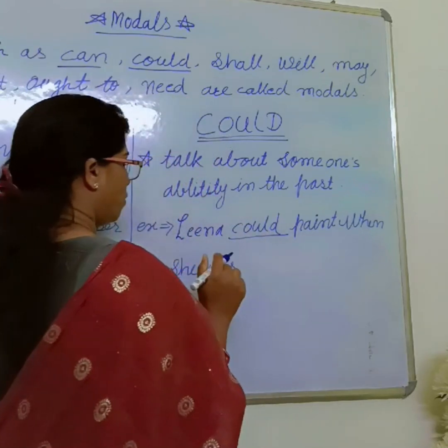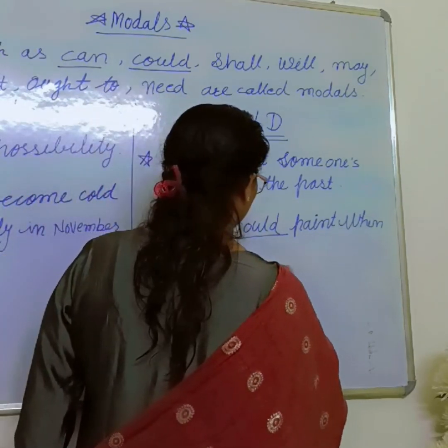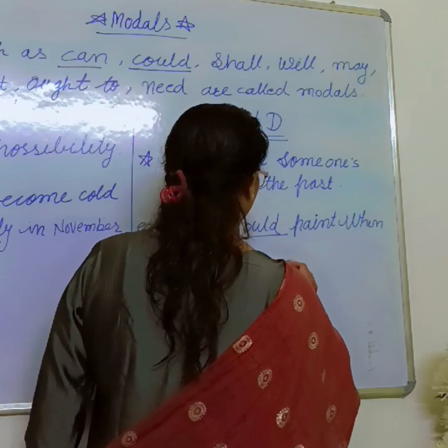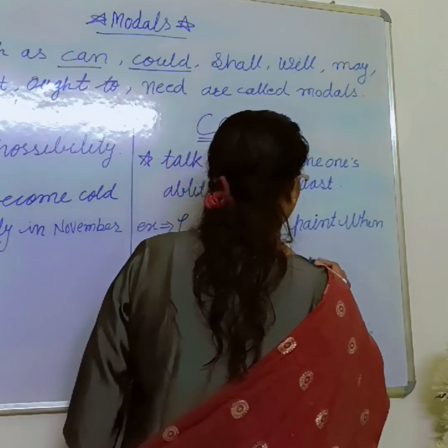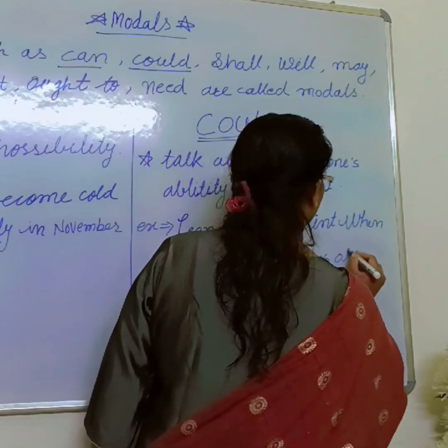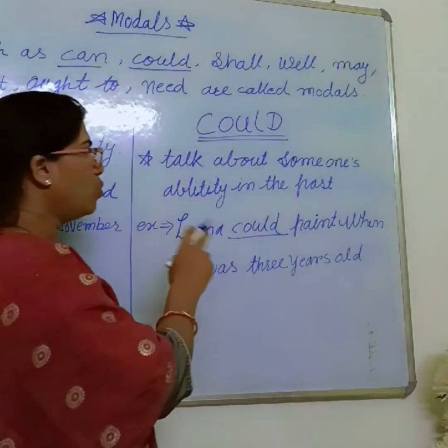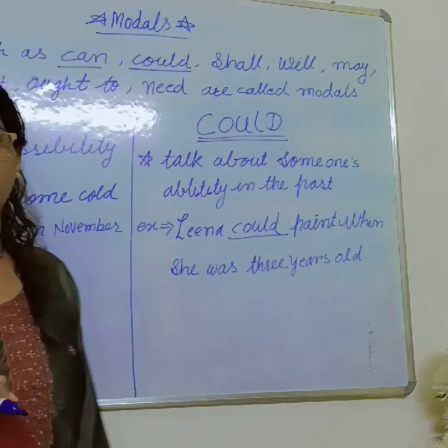Lena could paint when she was 3 years old. Okay. What have we written? Lena could paint when she was 3 years old.